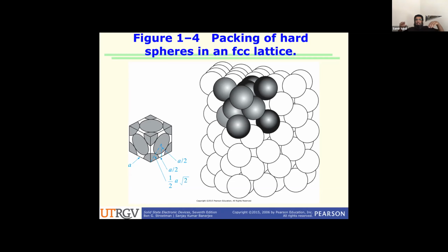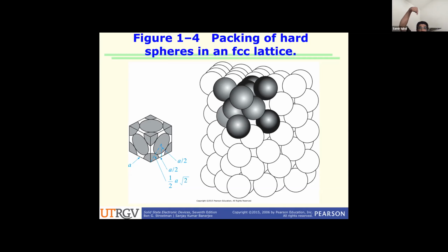I strategically put myself in this corner today because we'll be talking about a room as an example of a cube. So if there was an atom in that corner, it has to know where the nearest atom is. Is it in that corner or is it in that corner? You can visualize my room as a cube, right?